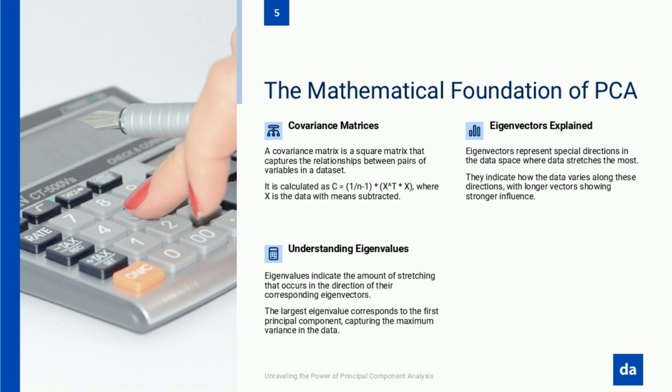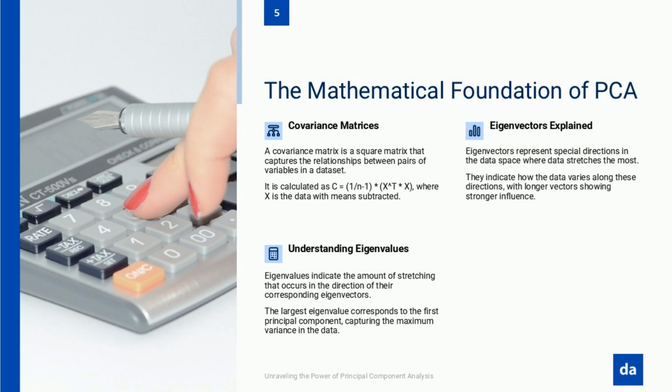Formally, the covariance matrix is calculated as C equals 1 over n minus 1 times the product of X transposed and X, where X is your data with the means subtracted. But don't let that scare you. It really just measures how the variables change together. Essentially, you start by subtracting the average from each variable in your data.